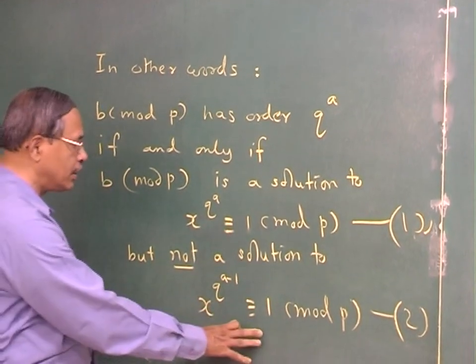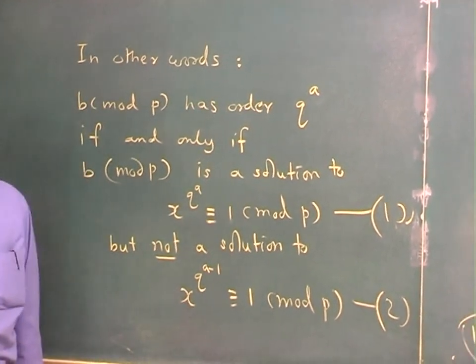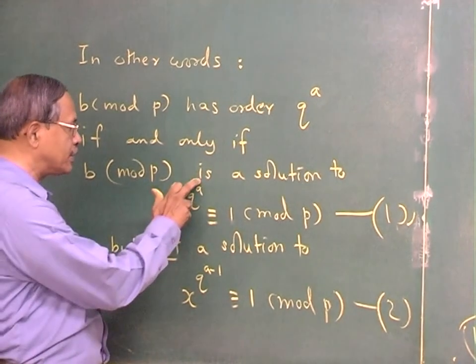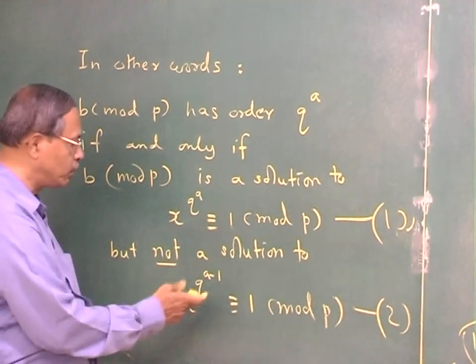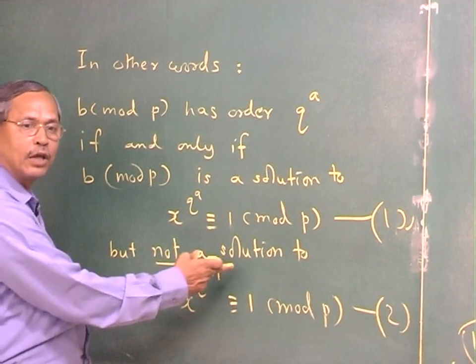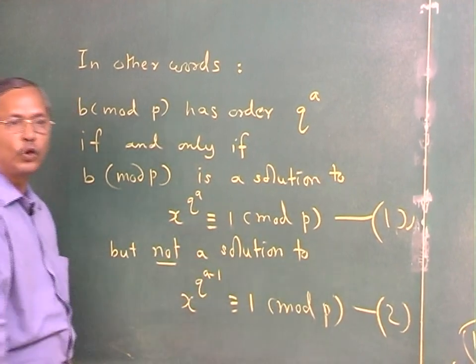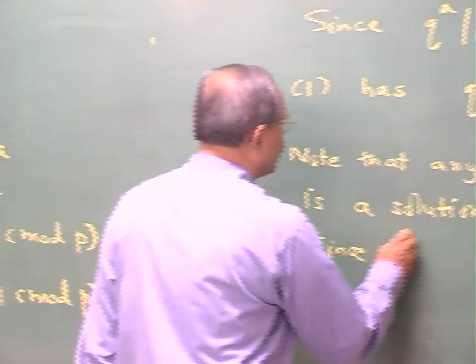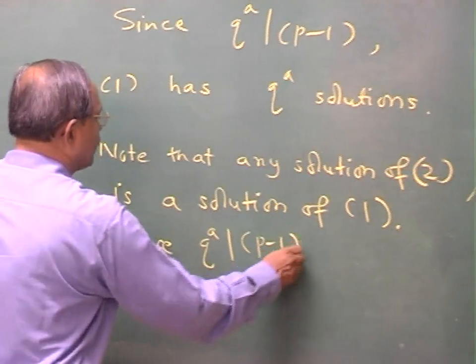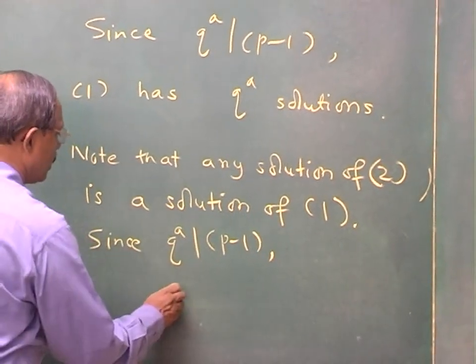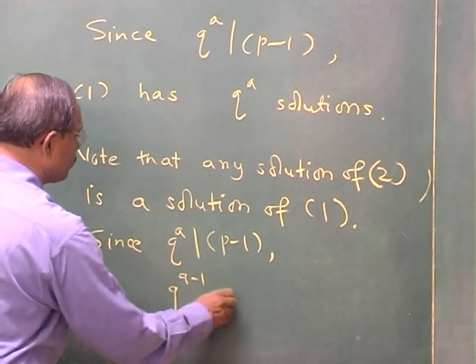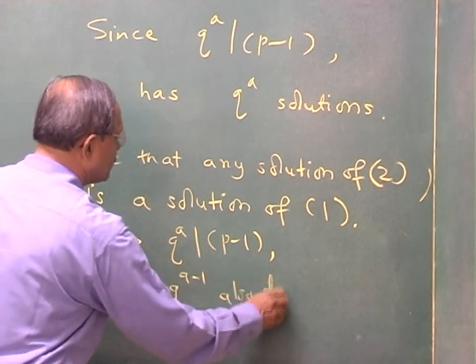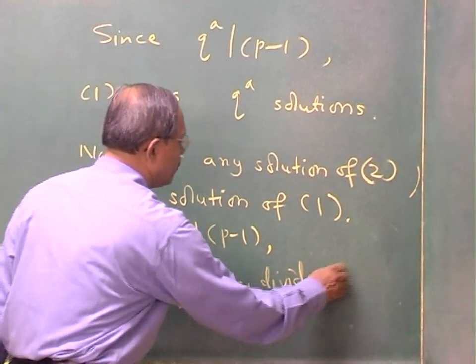How many solutions are there for 2? Again, q raised to a itself is dividing p minus 1, therefore this lower power q raised to a minus 1 is also going to divide p minus 1. Since q raised to a divides p minus 1, q raised to a minus 1 also divides p minus 1.